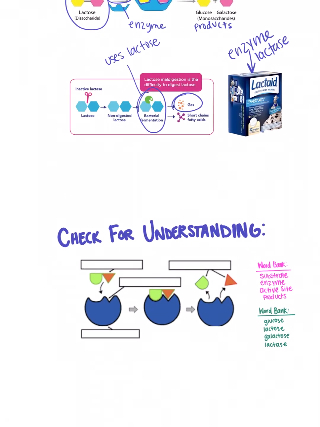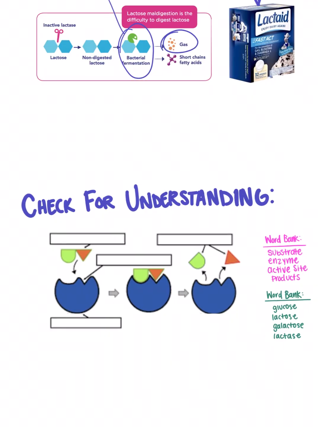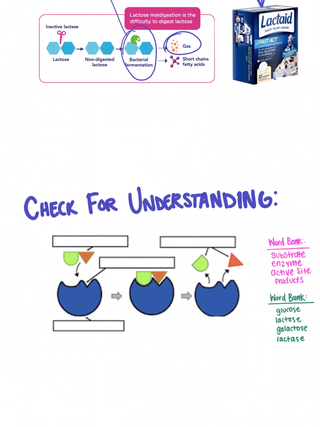Okay, so let's do a quick check for understanding. We can label this model using two different word banks. We can do the general labels that would apply to any enzyme, and we can also do the specific labels that are going to relate to our investigation.